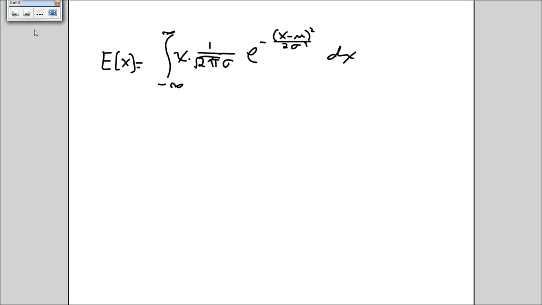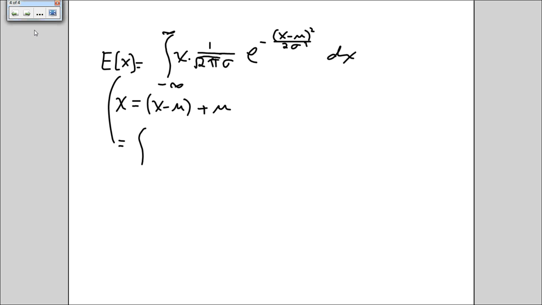Now, sometimes you have to be clever about how you think about things. And to me, this is a very clear move to make. Instead of x, we're going to think of x as x minus mu plus mu. Minus mu plus mu is 0. So that gives us two integrals.